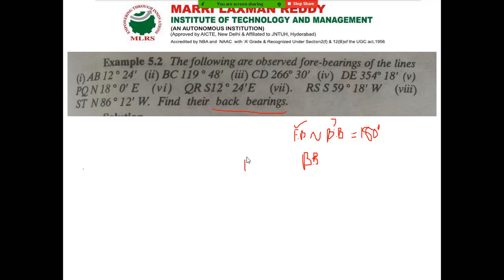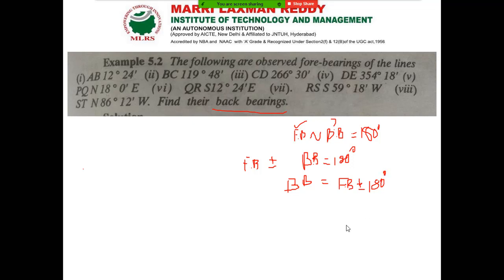Here one thing we have to remember: the difference can be denoted as either plus or minus 180 degree. So back bearing equals fore bearing plus or minus 180 degree.